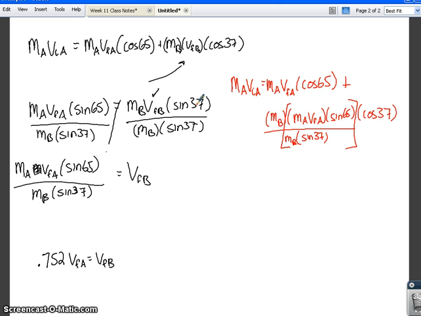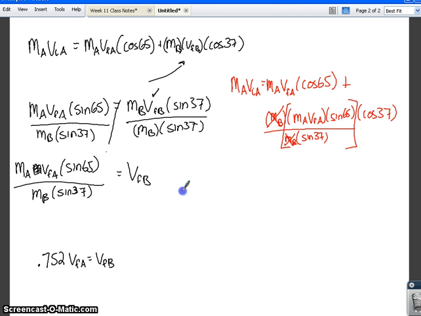What we can do, first off, we notice that the mass of B cancels out. That's nice. We want to solve for velocity final of A. It is in both terms.